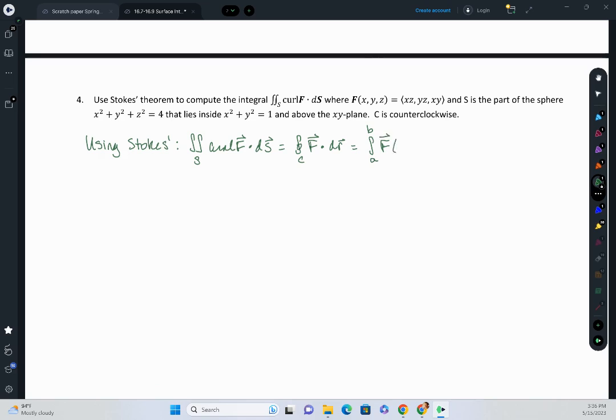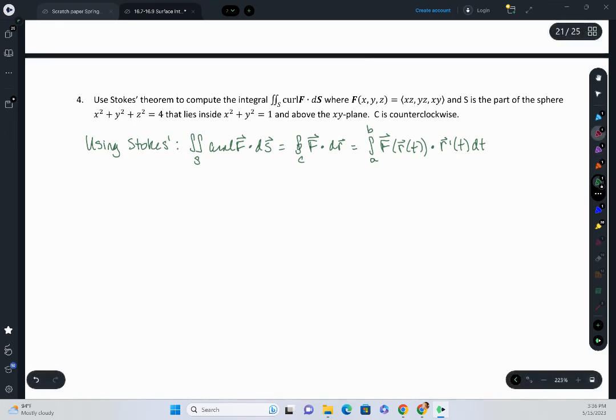F will get evaluated at r of t, so we'll need a parametrization for our curve. And then dr becomes r prime of t dt. So now we can see the parts that we need. We need r of t to parametrize our curve C.